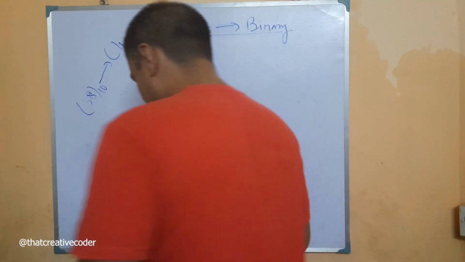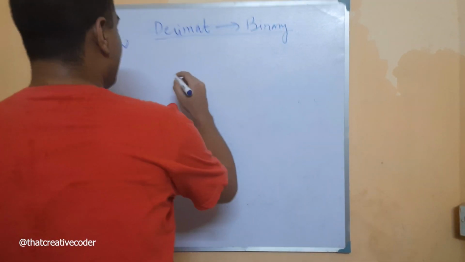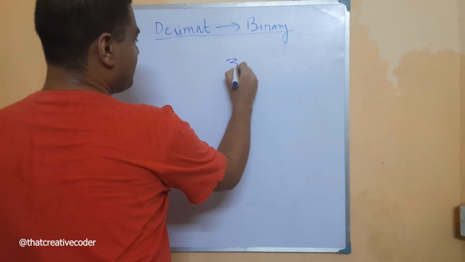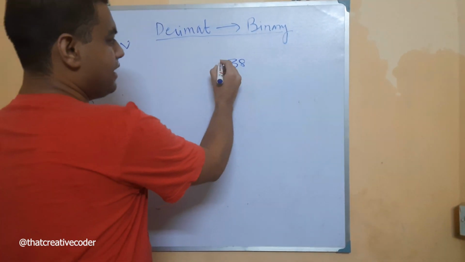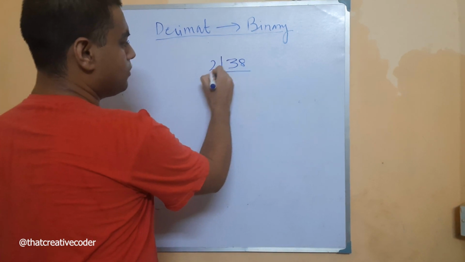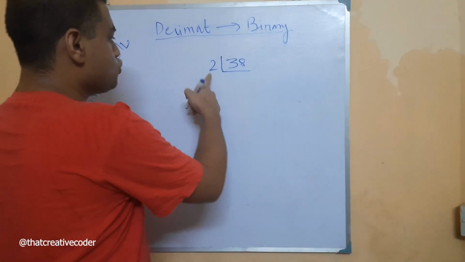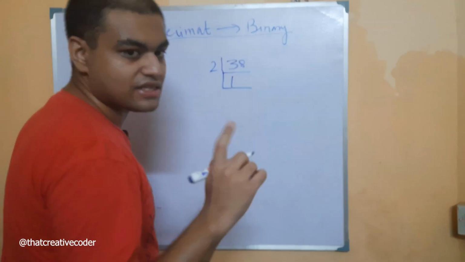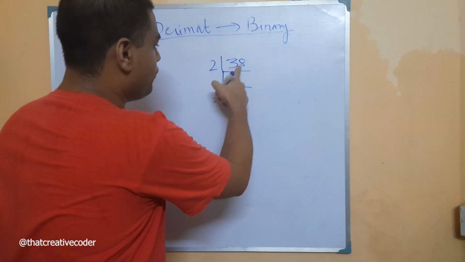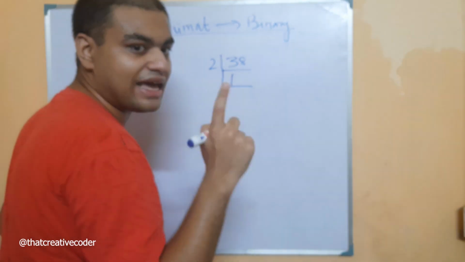So for that, we will write 38. I hope it is visible. Now we will divide it by 2. First we will divide it by 2. 2 times 1 gives us 3, and the 1 is carried to 8, so it is 18. 2 nines are 18, right?